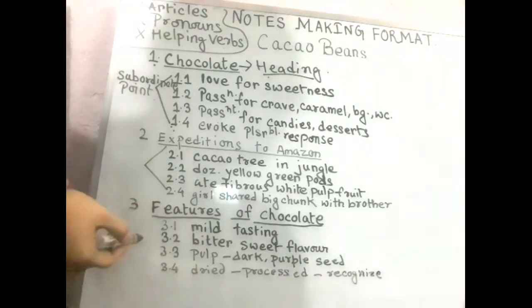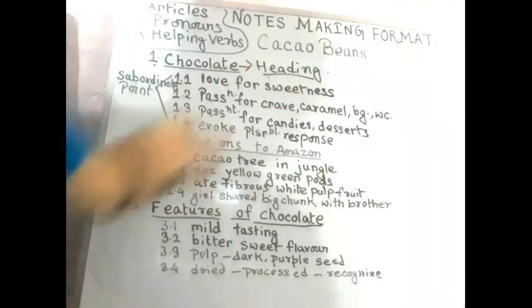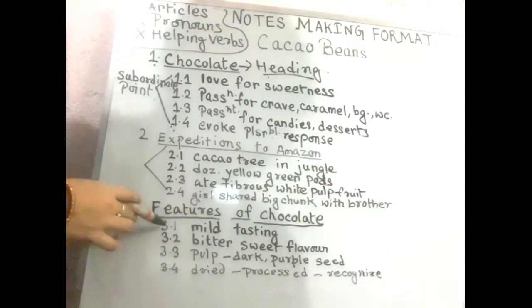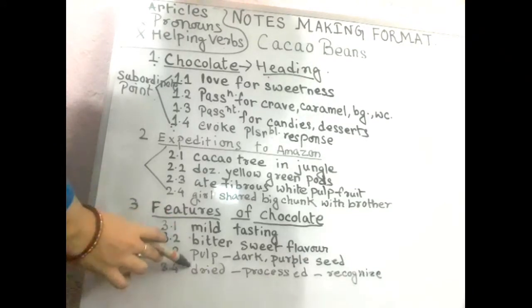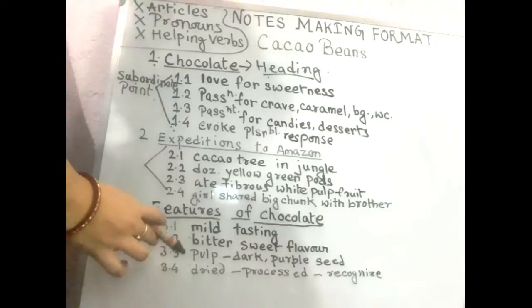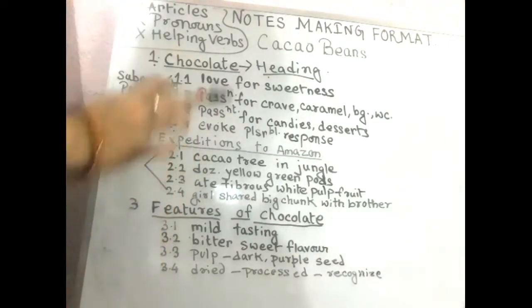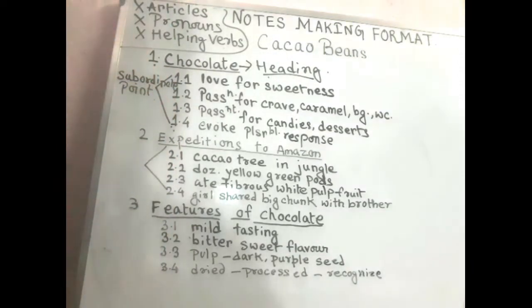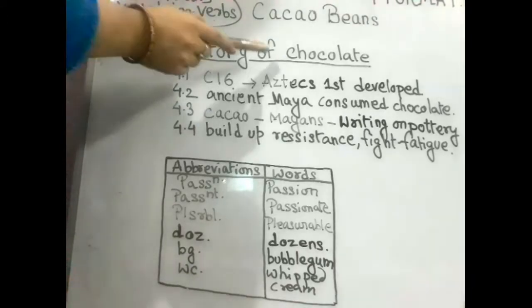After going through the third paragraph, I have written here features of chocolate as heading, and all these are subheadings. Okay, like 3, 3.1, 3.2, then 3.3, 3.4. Understood? What you have to remember is that use abbreviations, use phrases, never use complete sentences. And now the last point is history of chocolate.